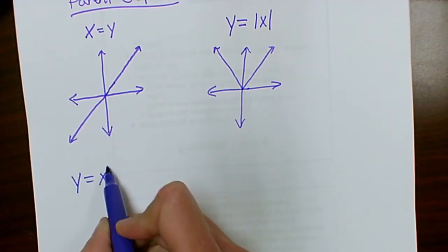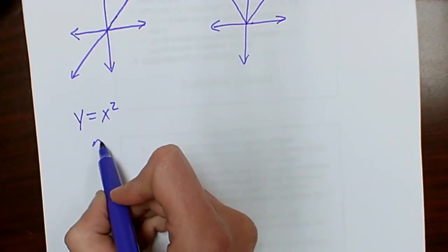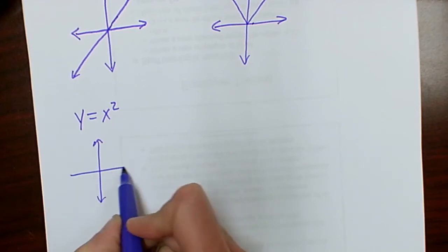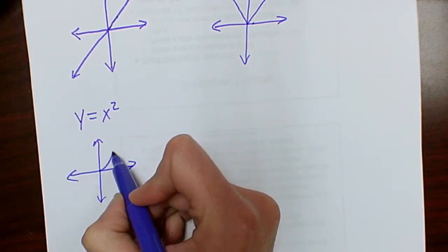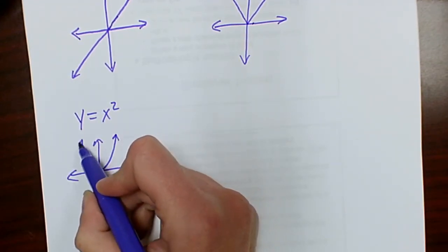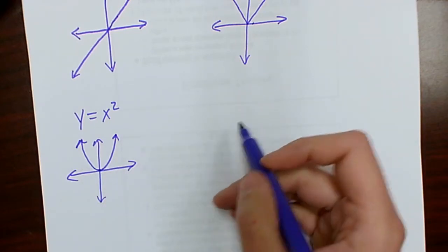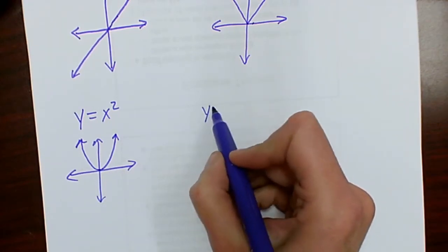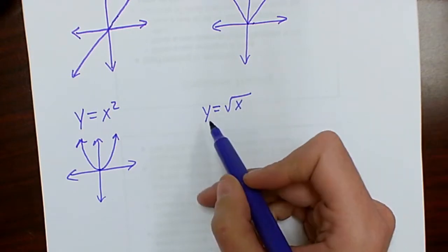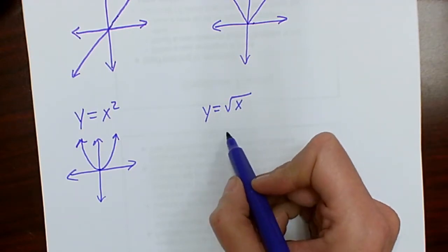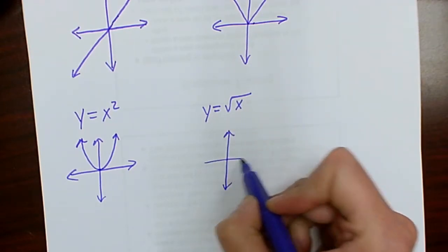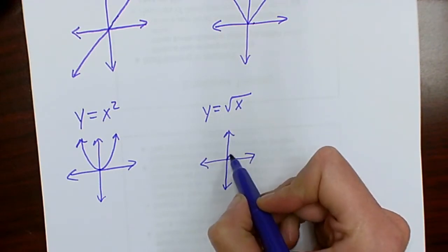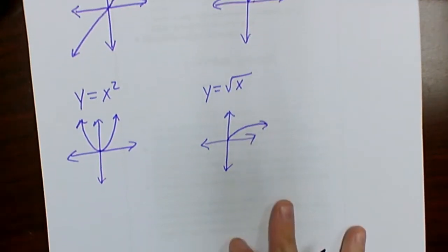Y equals x squared. This will be in the shape of a U. Y equals square root of x. This will be like the parabola on its side, but we're only concerned about the positive y's.